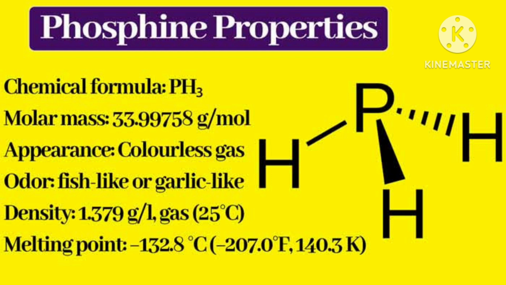Now more about PCl3. The next preparation: it is also obtained by the action of thionyl chloride with white phosphorus, P4 plus 8SOCl2.